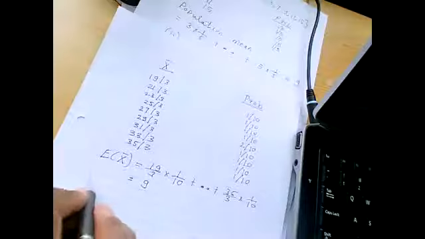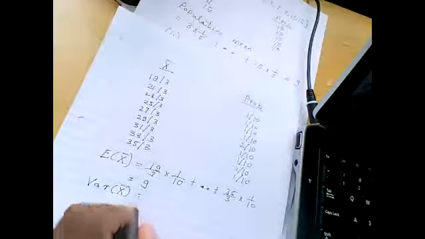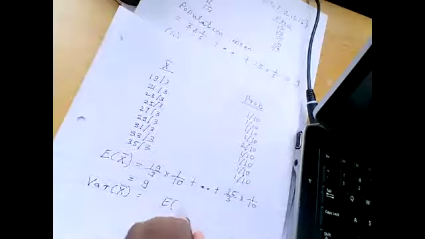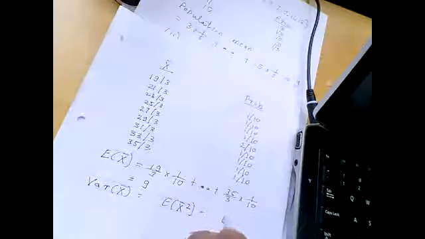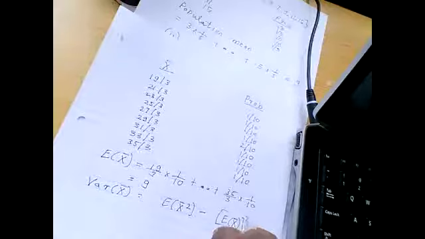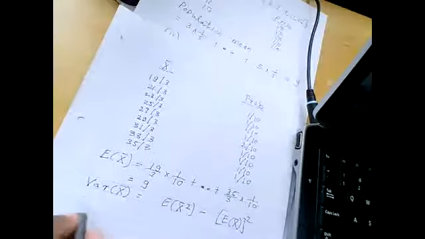Now to find the variance, I will use this formula, which I have used several times already, right? This one I know is 9. 9 squared is 81. To find this one, I will use the table.